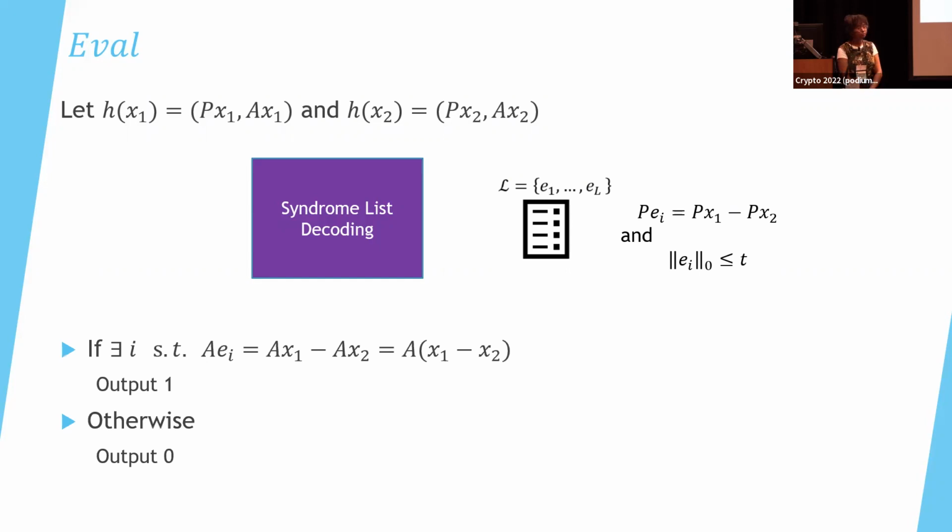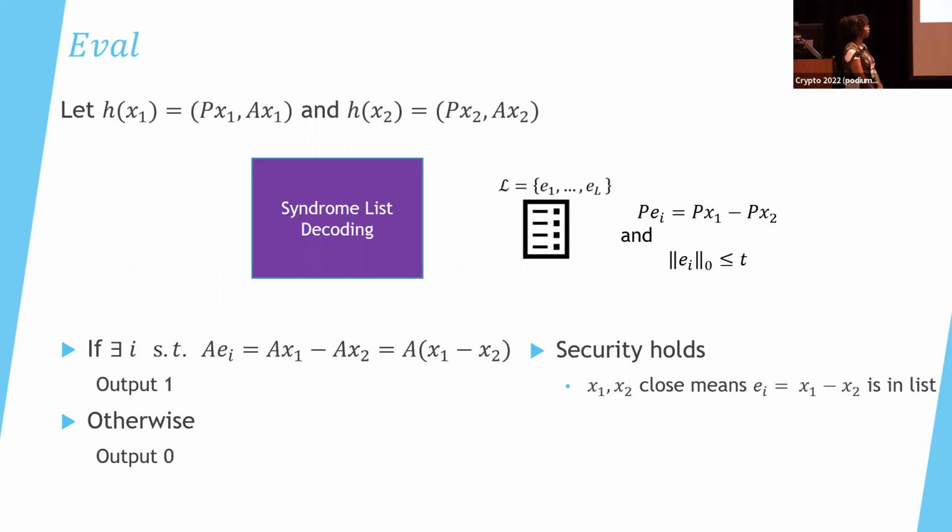Otherwise, we output 0. And the intuition behind this is we're treating the difference between those two vectors, X1 and X2, as the error that we're trying to recover. And so we run syndrome decoding to get a possible list of those errors, and we confirm if there does exist such an EI in that list that satisfies this relationship. If that is true, then we can output 1.